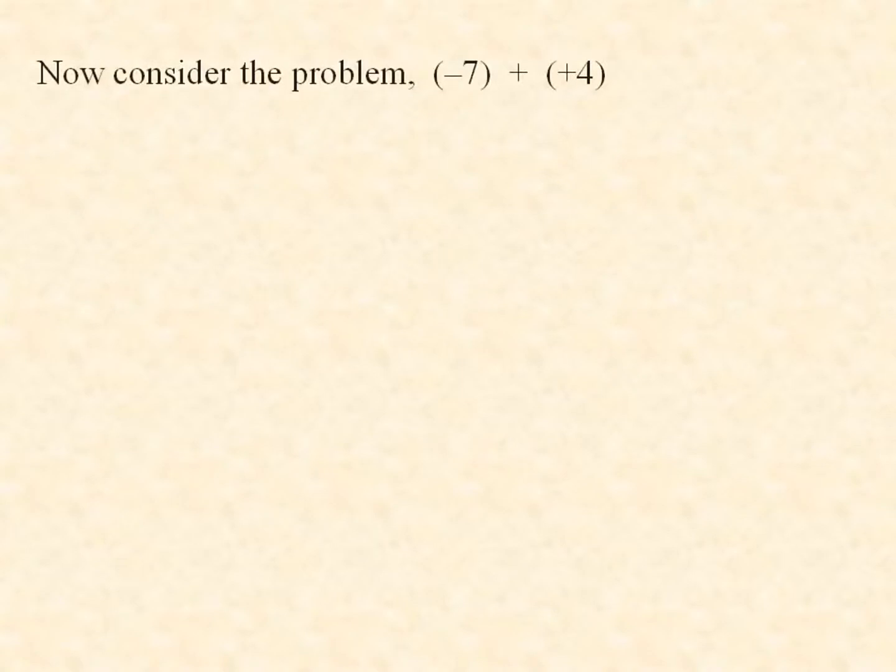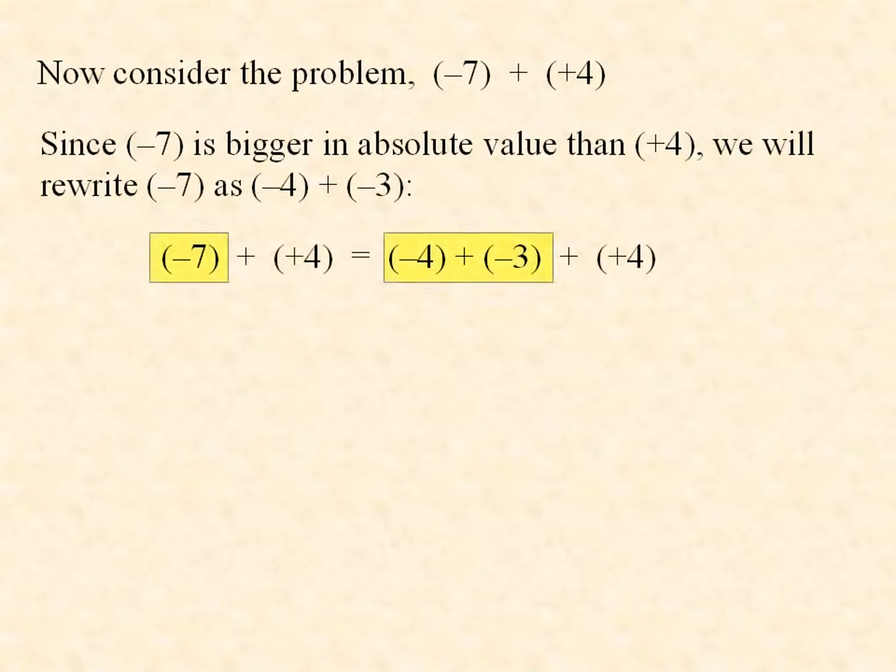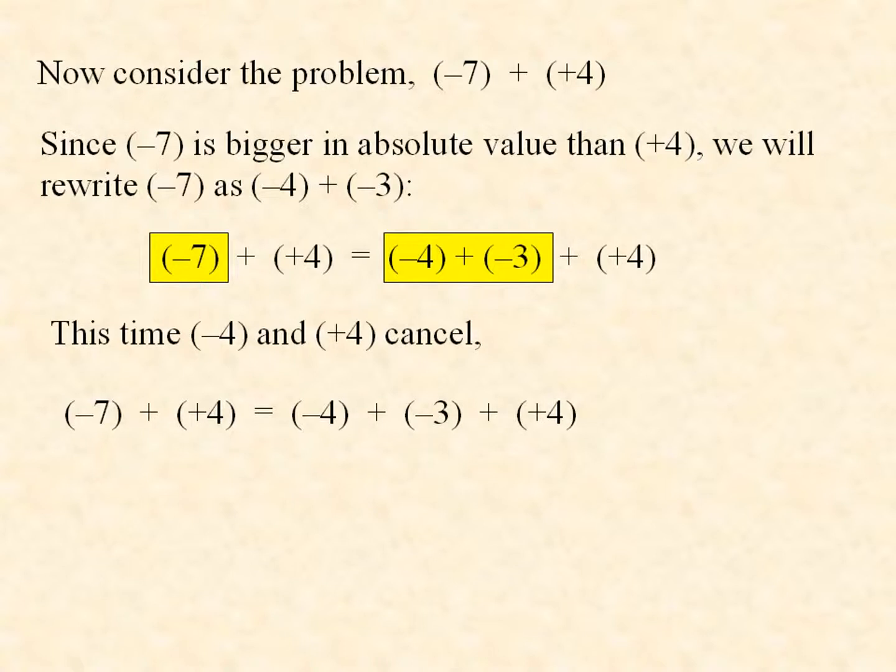Now consider the problem negative 7 plus positive 4. Since negative 7 is bigger in absolute value than positive 4, we will rewrite negative 7 as negative 4 plus negative 3. This time, -4 and +4 cancel.